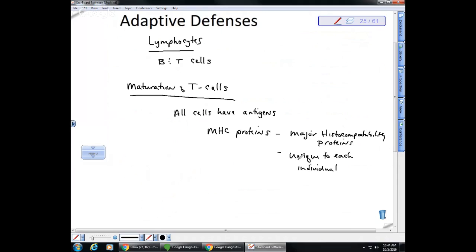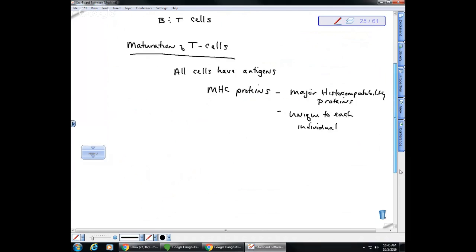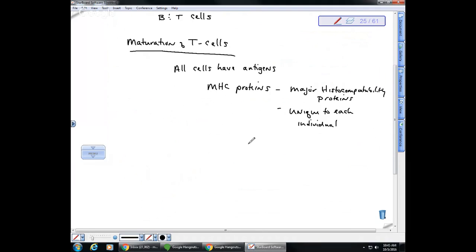People that are genetically related have similar MHC proteins. People that are not genetically related tend to have very different ones. So you probably have similar ones to your sister or to your parents compared to somebody that lives across the world.